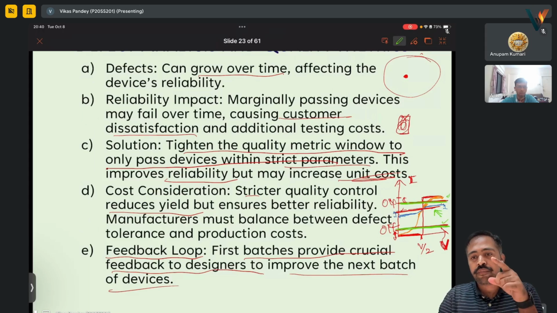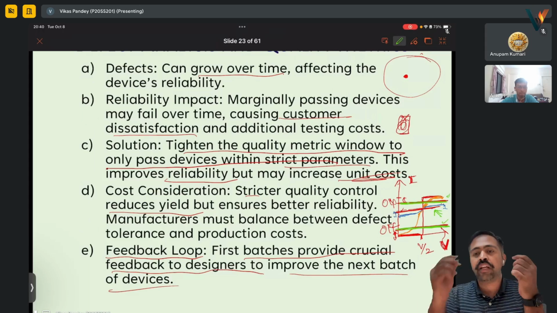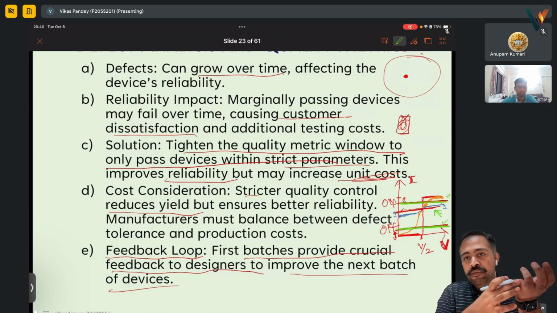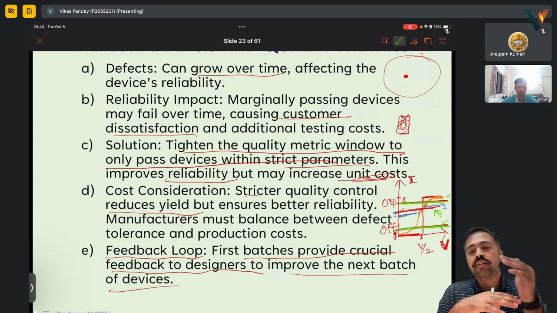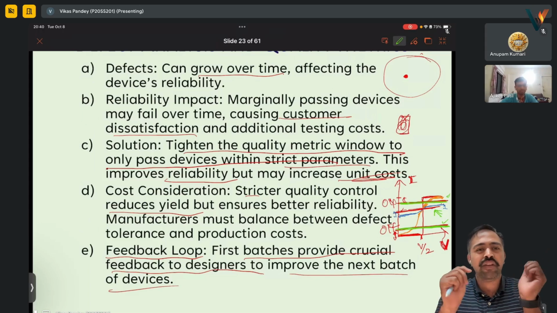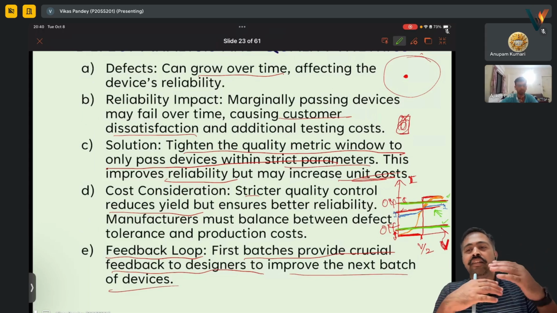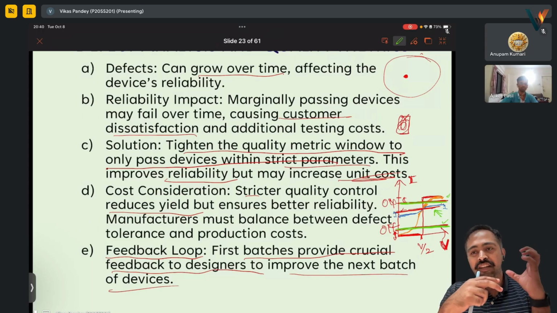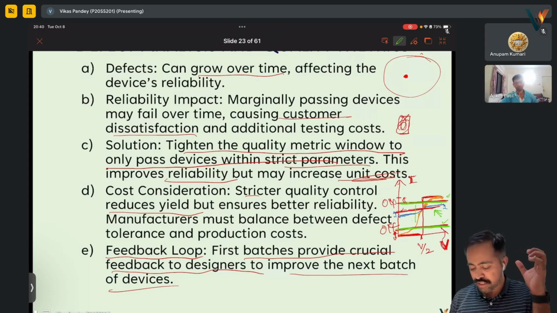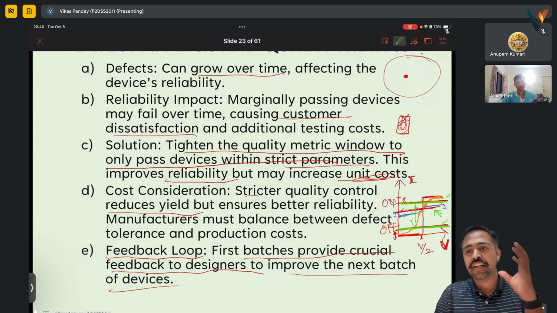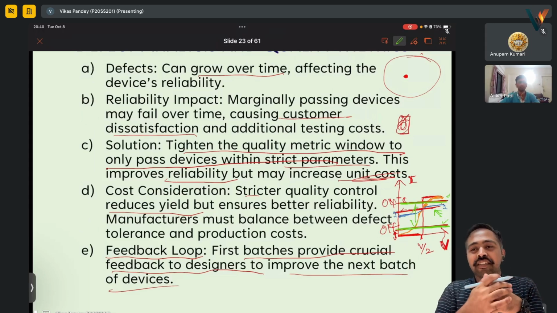So now the blue one is not fitting in either of these. If someone has a bit of VLSI background, they will understand that this is what is generally done. This is called noise margin, and there is a separate chapter on these things.